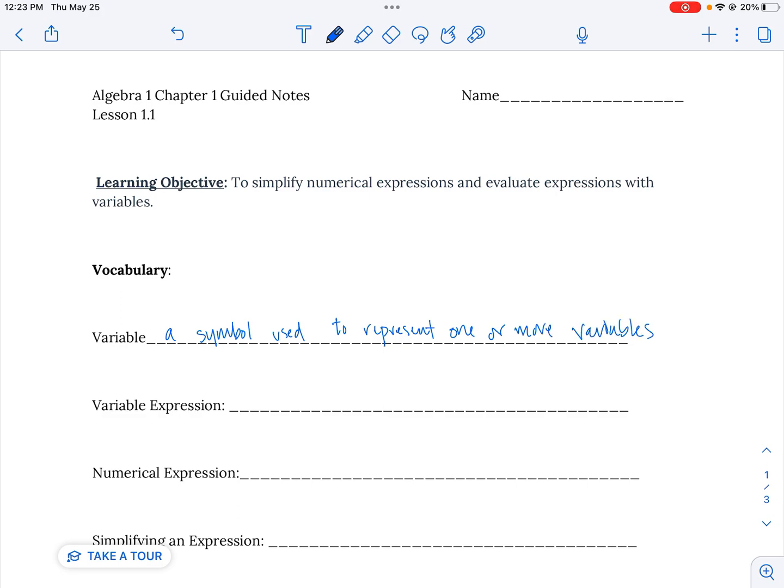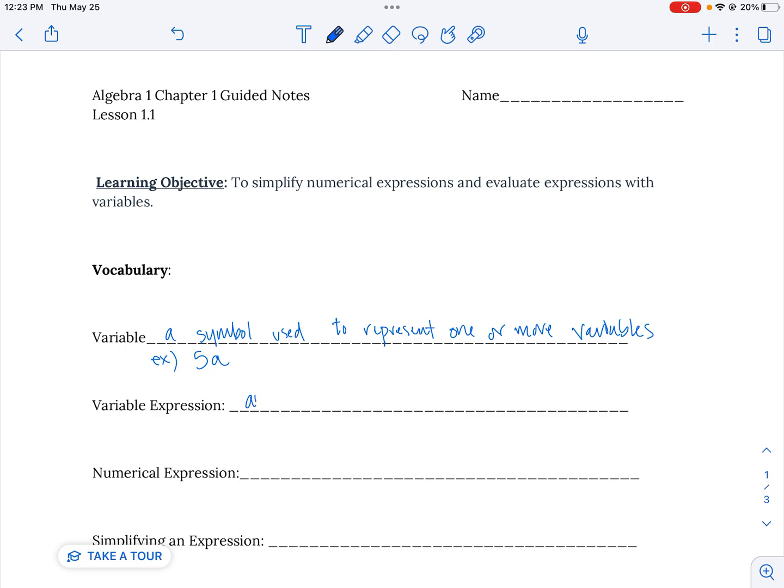So in math, we talk about a symbol usually in terms of letters, right? For example, something like 5a, where a is the variable. It just would represent some sort of symbol. Okay, now a variable expression is an expression that contains a variable.